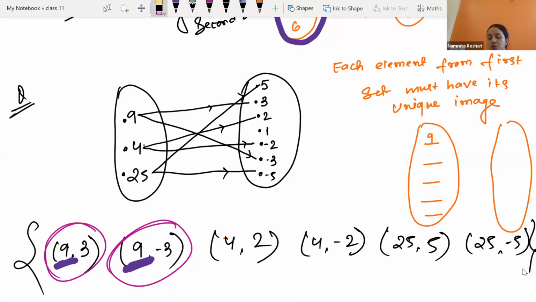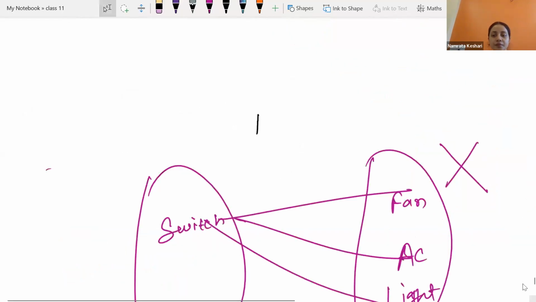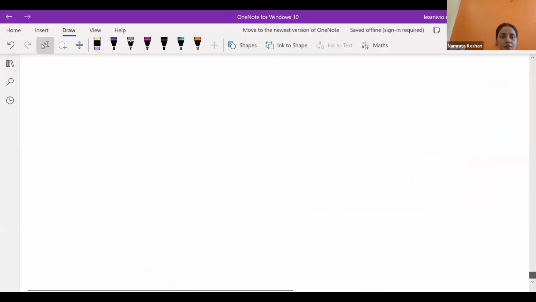Let's work with the question. Can I scroll down? Suppose the question is: a relation R consists of so many ordered pairs.